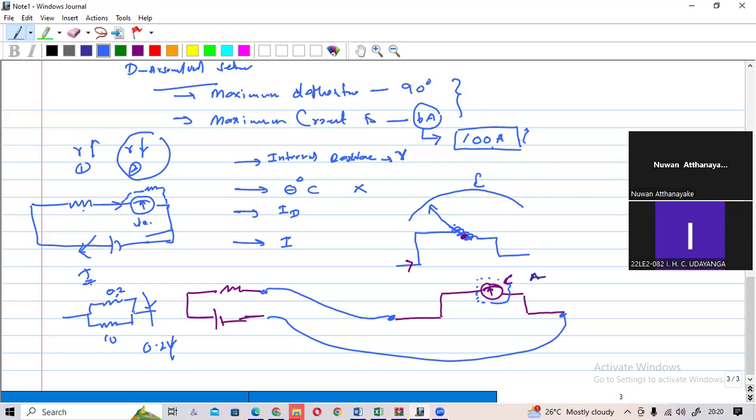If you have connected resistances in parallel, the total resistance will be lower than the minimum resistance. You can calculate it: 1 over R is equal to 1 over 0.2 plus 1 over 10. Then R will be less than 0.2.